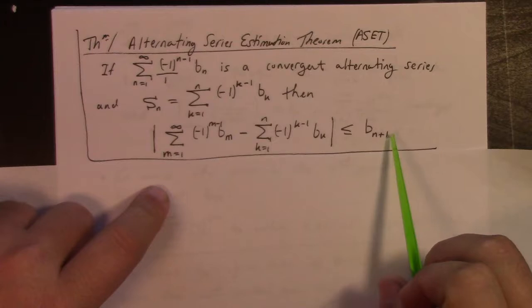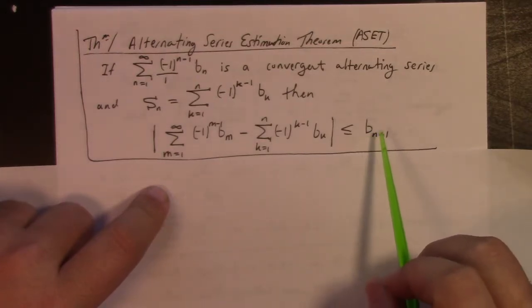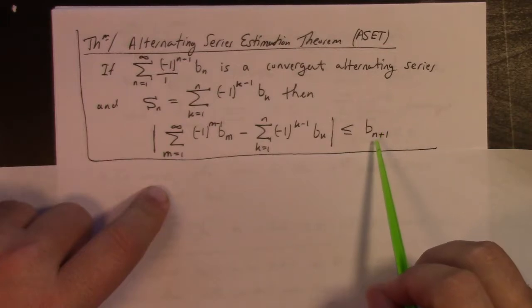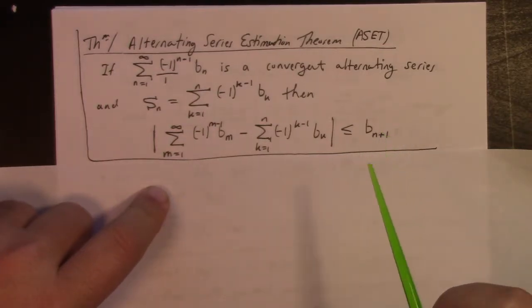It's less than or equal to the n plus 1th term. So what this is saying is if I use the first 5 terms in an alternating series, it's within the 6th term of the answer.